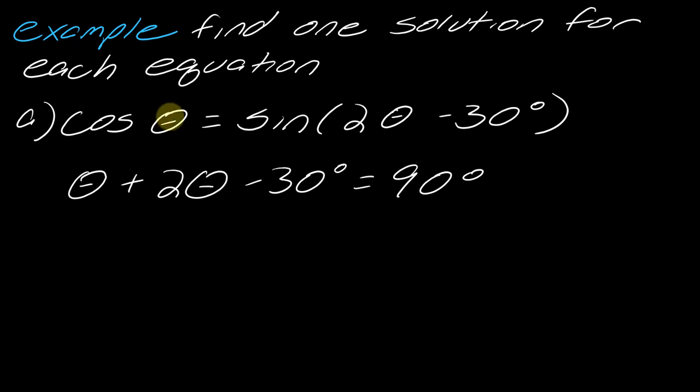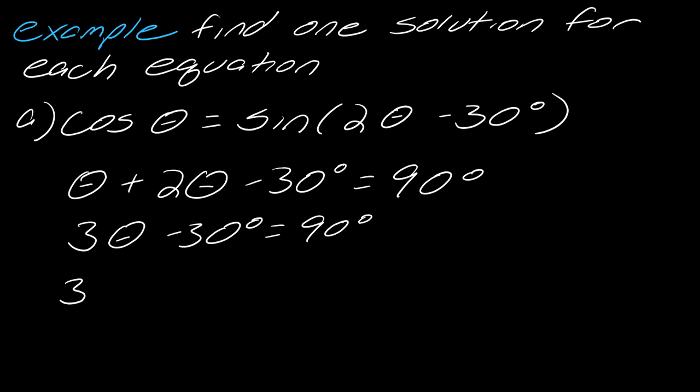So then what I can do is take the theta and then the 2 theta minus 30, and I can just go ahead and solve this. So I've got the theta and the 2 theta, so that becomes 3 theta minus 30 degrees equals 90 degrees, and then I can add the 30 degrees, so I get 3 theta equals 120 degrees, so theta will equal 40 degrees.